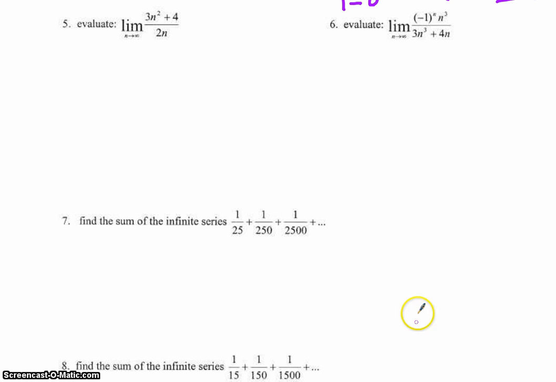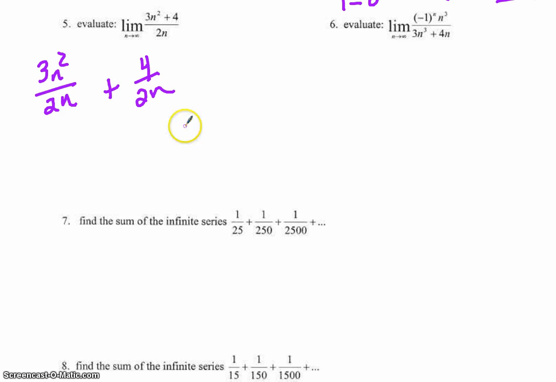On number 2, we're going to split it into two fractions: 3n squared over 2n plus 4 over 2n. You're going to cancel, and it's going to give you 3n over 2 plus 2.